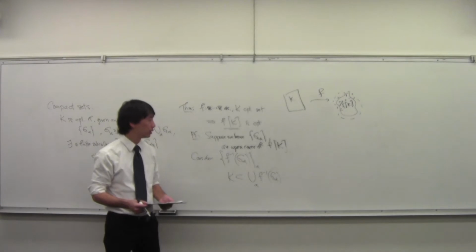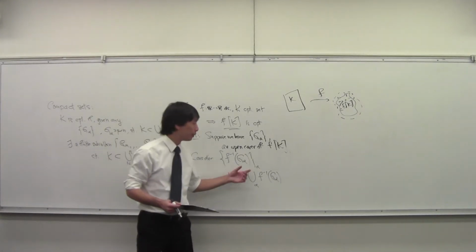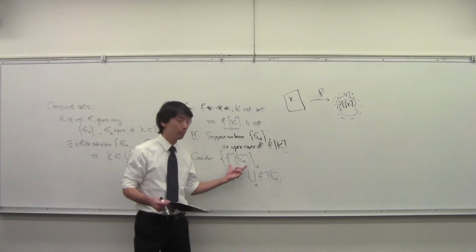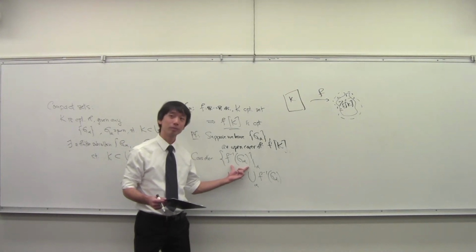Right? K is contained in the union of the pre-images, and further, these guys are open. Why are they open? Because they are a union of open sets, and a union of open sets is open.